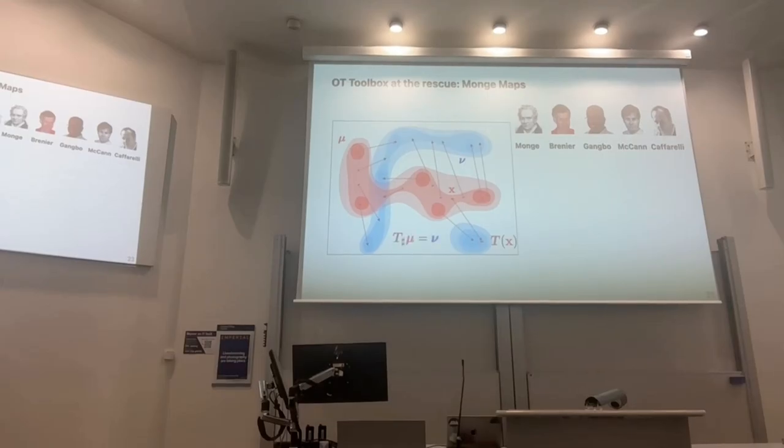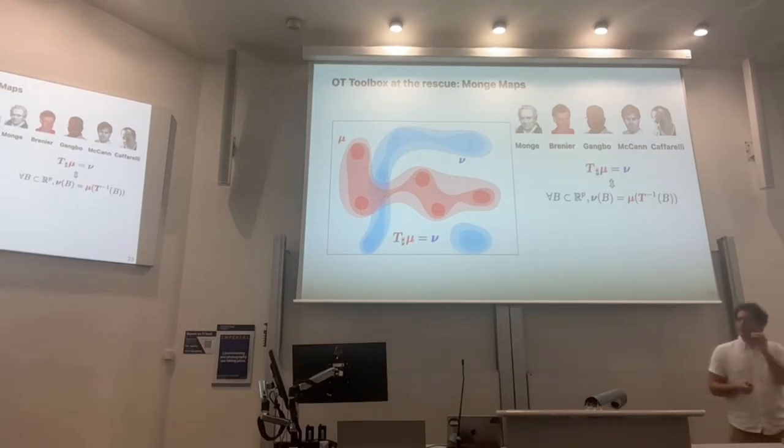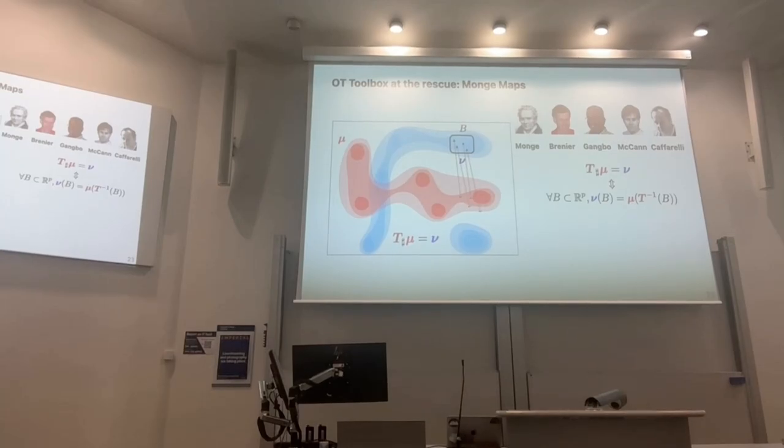Pushing forward means the following thing mathematically: if you take any subset U in the target space, and you look at all the points that landed in this set using T, that is T inverse of the set U, you get another set which is going to be in the red measure.